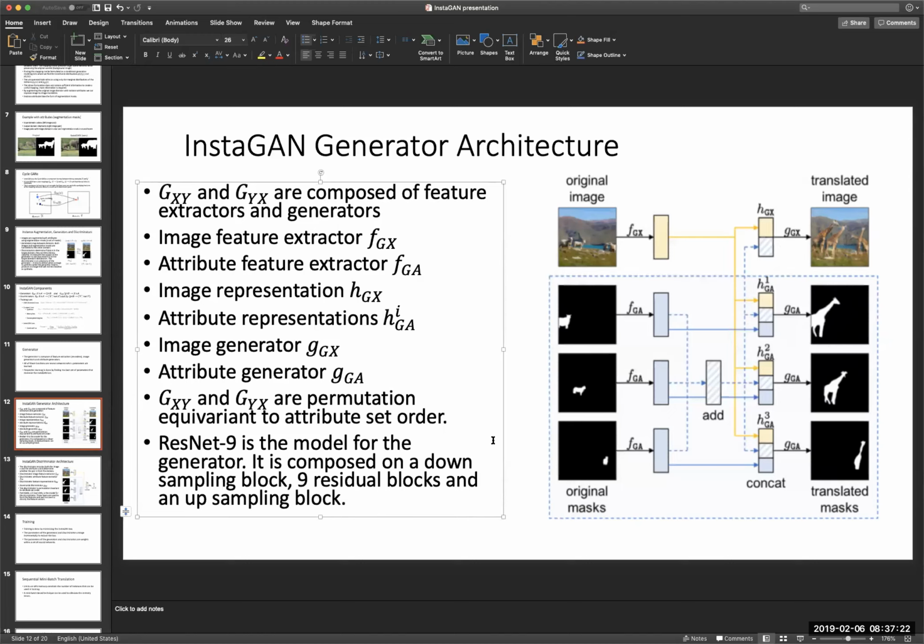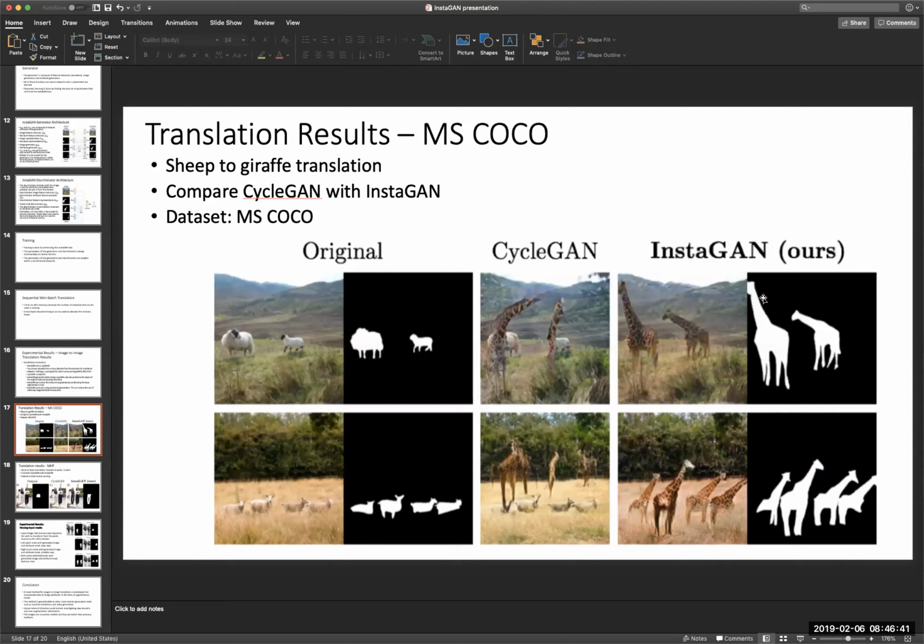And here is the InstaGAN output and its associated generated segmentation masks. If you compare CycleGAN with InstaGAN, it's dramatically better.